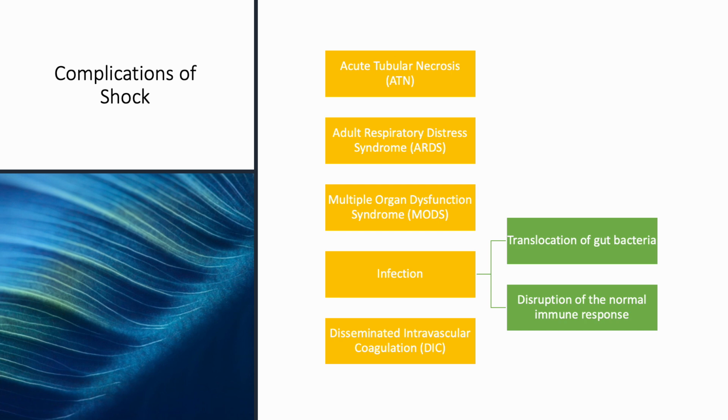So gut bacteria translocation occurs in shock because of the reduced blood flow or perfusion to the GI tract. And this causes a decreased flow to the intestinal lining, leading to ischemia, or lack of oxygen.